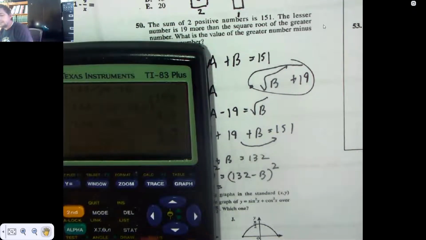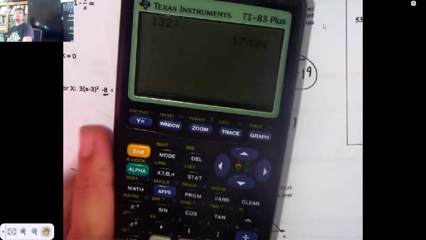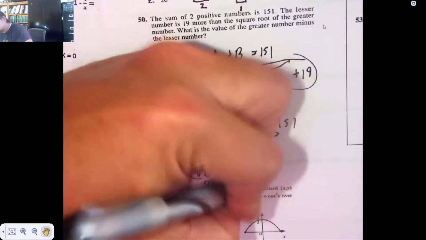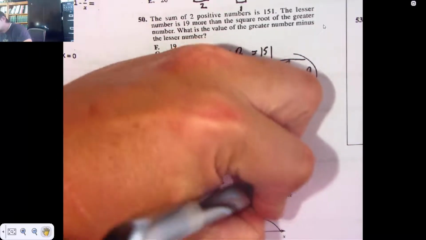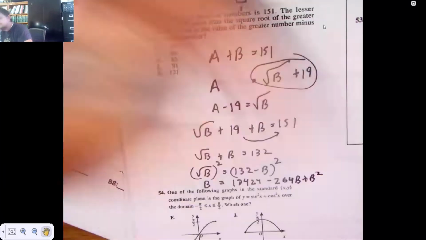You'll notice I did it in my head without a calculator, but if I actually do the algebra, suddenly I require a calculator. 17,424 minus 264 b's, and then plus a b squared.